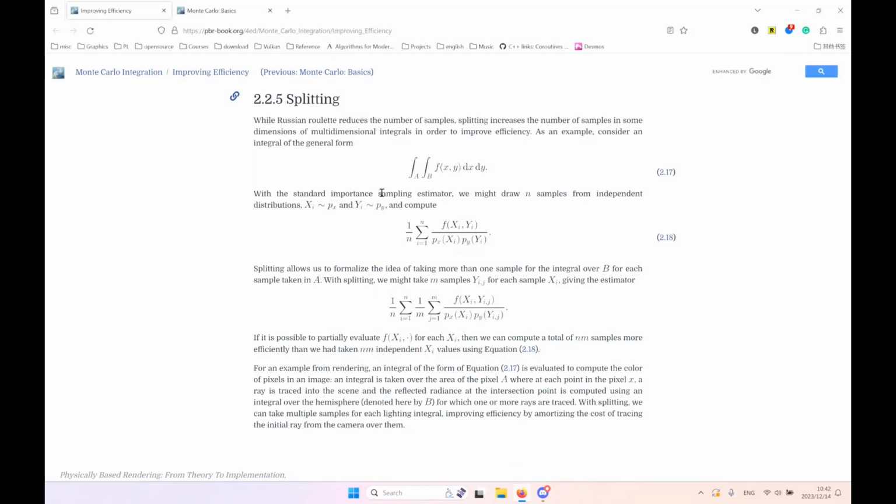I'm confused about those math symbols, but in reality, that probably just means, for example, we trace one ray, and then when we scatter, we take multiple samples, stuff like that.